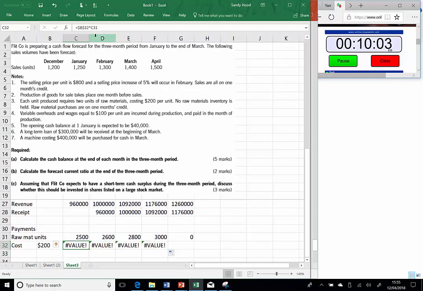Let me just see, B32 times C31. Not quite sure what I've done wrong.